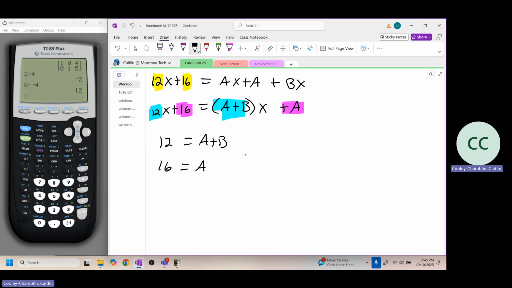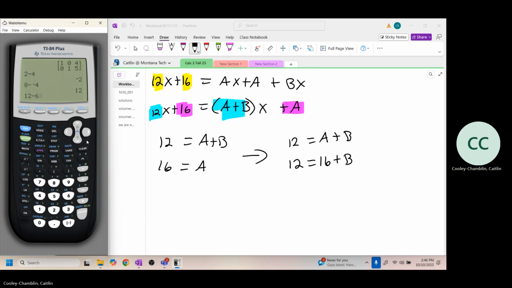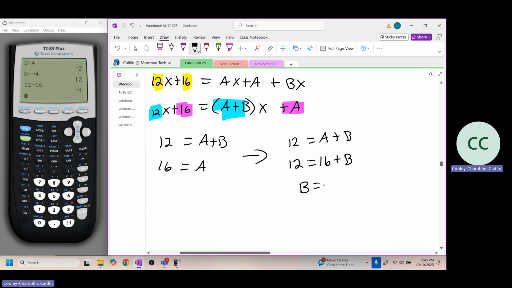Okay, so let's go over here and solve for b. So I have 12 equals a plus b, but we know a is 16. So 12 equals 16 plus b. I'm going to subtract 16 from both sides. Guys, I'm just going to use my calculator. 12 minus 16. Negative 4. So b is negative 4.